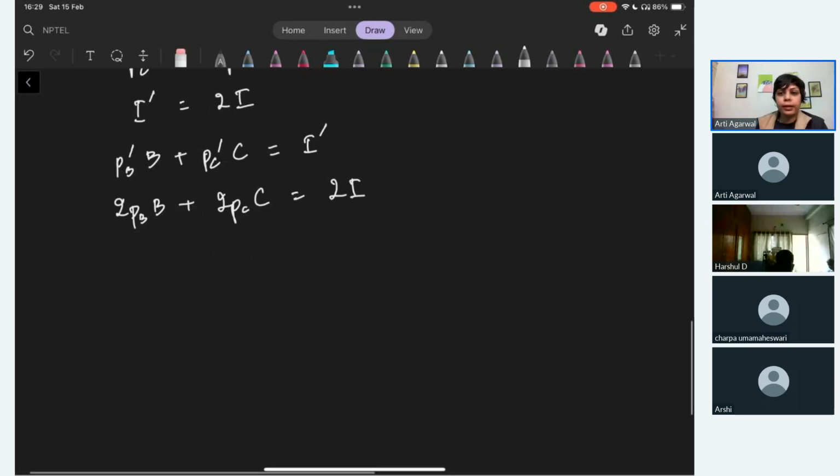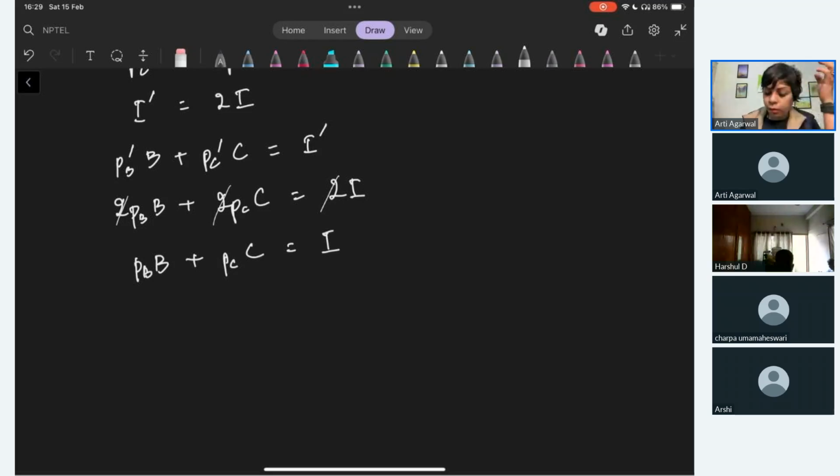Like I was explaining in the previous question, we can just remove this 2, 2, 2, and this becomes the same equation again, right?